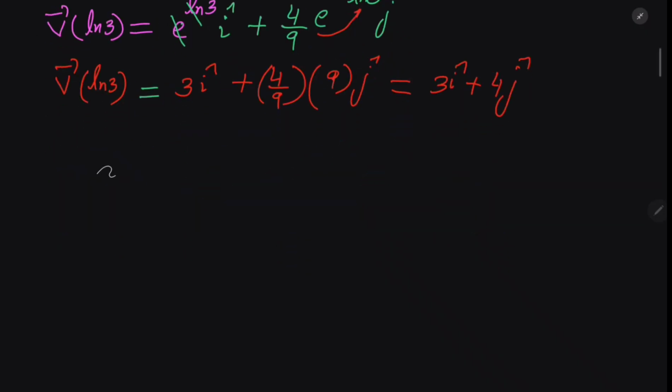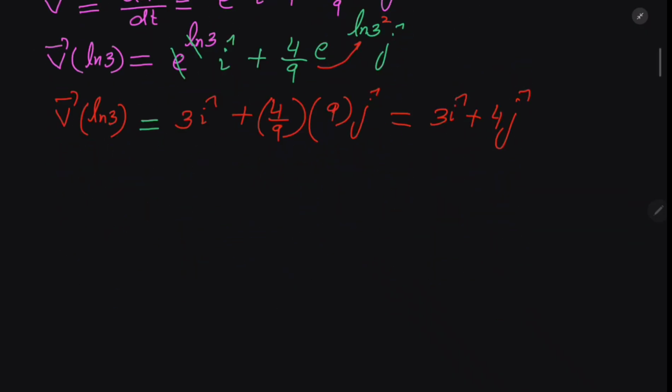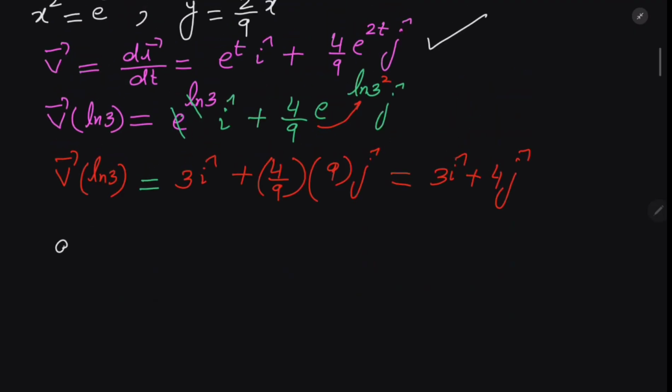Next is the acceleration. So we need to take the derivative of this equation. Acceleration will be equal to e raised to power t, which remains the same since it is exponential. Then we have 8 by 9 e raised to power 2t j by using the chain rule.